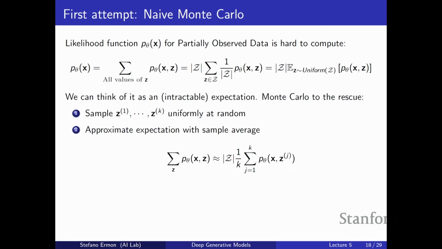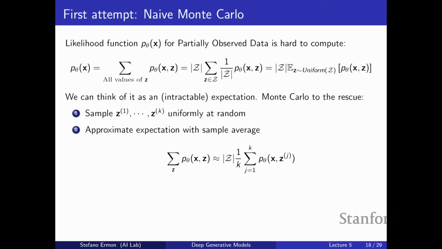That's the key thing. You just need k of them. It could be 1. The cheapest way is to choose k equal to 1. You just sample 1, look at the joint likelihood of that completion, and then rescale appropriately. That would be a valid estimator for the quantity of interest.